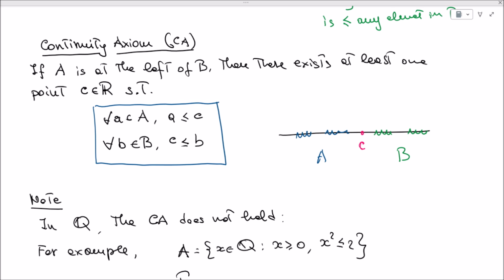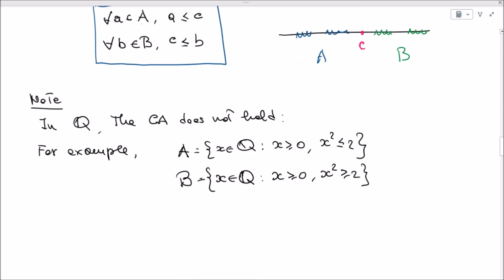And then we'll consider B as all the rational numbers such that x is still larger than or equal to 0, but the square now is larger than or equal to 2. Okay, so it can be shown two things.